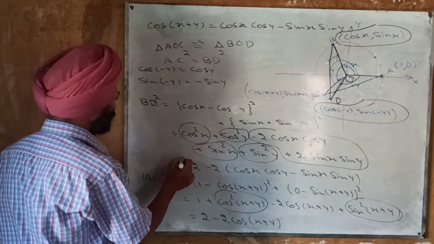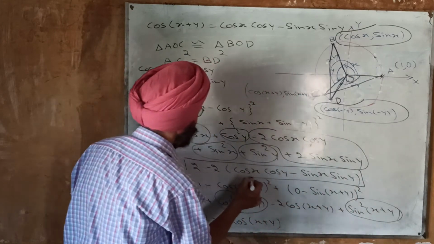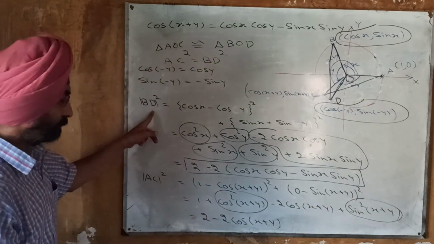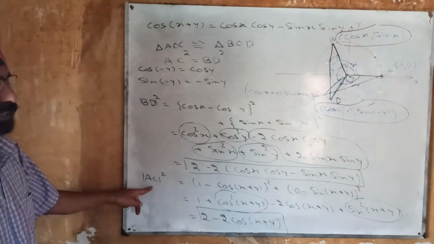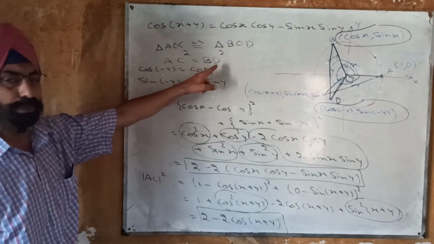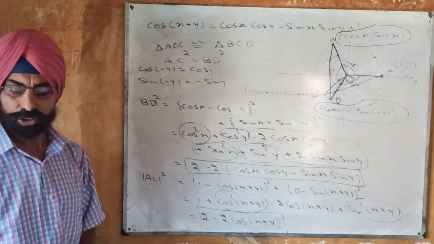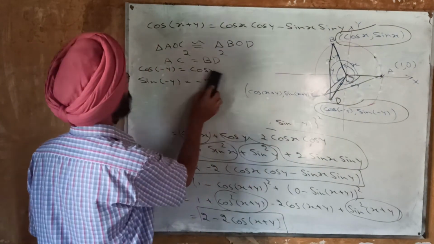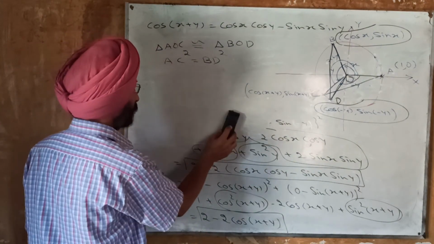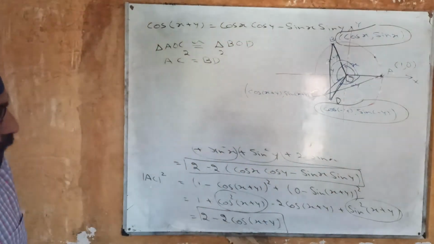Now this is the square of the distance BD, and this is the square of the distance AC. But square of AC and square of BD are equal. So these two quantities must also be equal. So equating these two, AC square is equal to BD square.